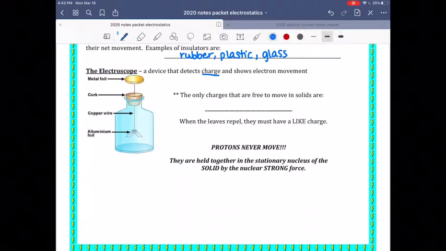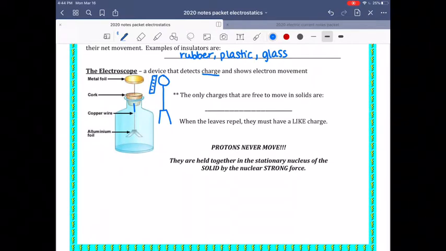It says metal foil here, but the ones we have actually have a little round metal knob connected to a stem, and then there's foil leaves down at the bottom. If you bring a charged object near the top of this electroscope, like a charged rod of some sort, the movement of the charges within the electroscope causes the leaves to deflect. And that's how you know there's a charged object near the electroscope.